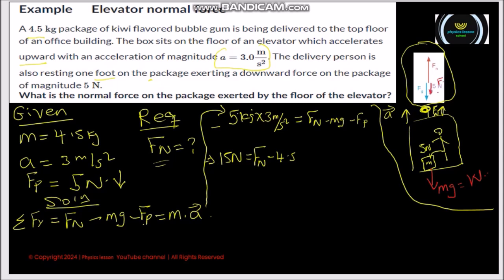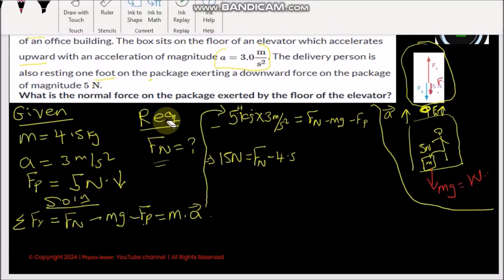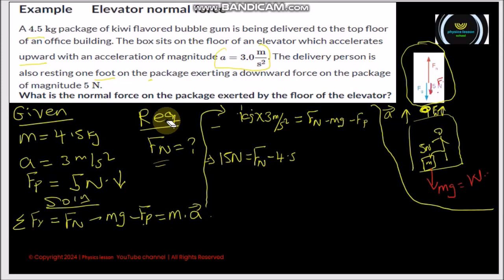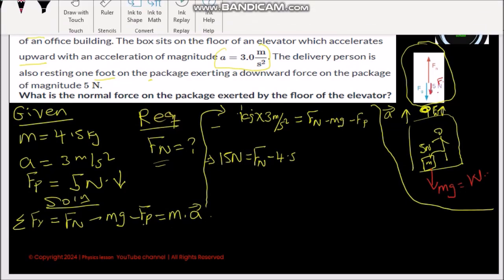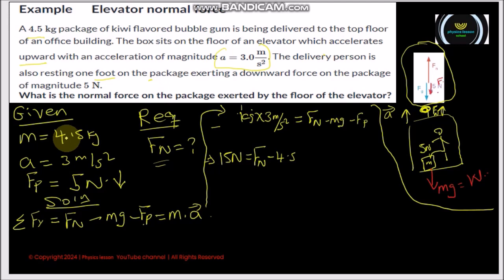Sorry, here we made a mistake, because here only the mass is 4.5 kilogram.